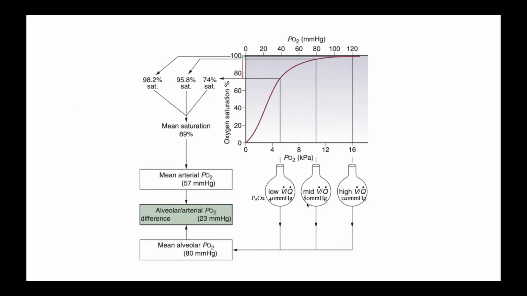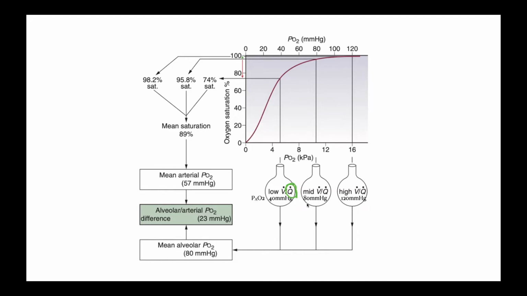So now the first thing that we need to understand is when we look at low VQ units. So low VQ units have low ventilation, but proportionately a lot higher perfusion, okay? You compare that with high VQ units, which have high ventilation, but low perfusion.